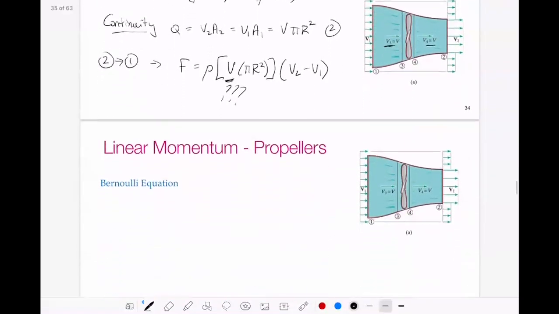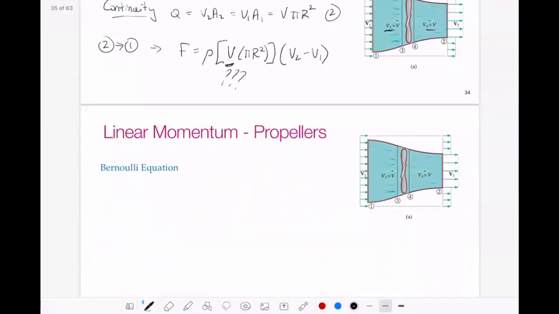So let's apply Bernoulli's equation. If we use the Bernoulli equation, we would have P over gamma plus V squared over 2g plus z is equal to some constant. And if we assume that there's no elevation change, we can just get rid of this term.